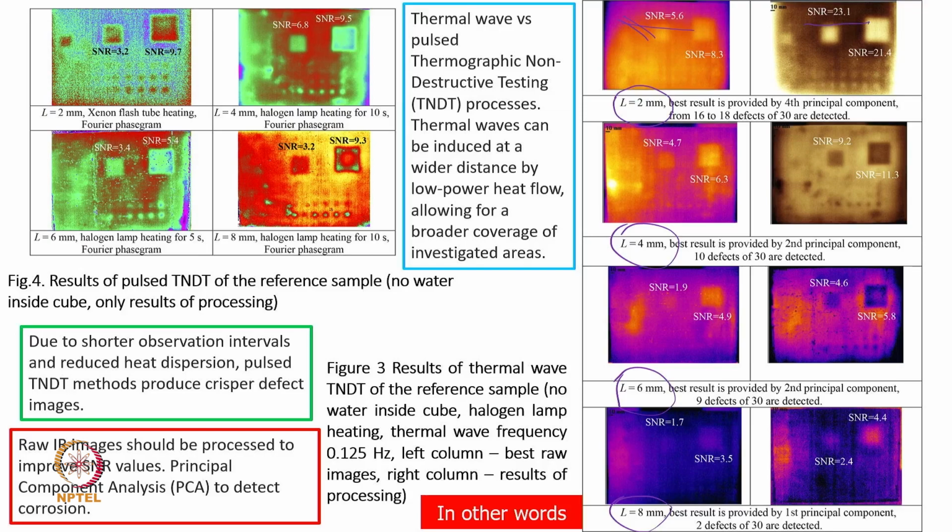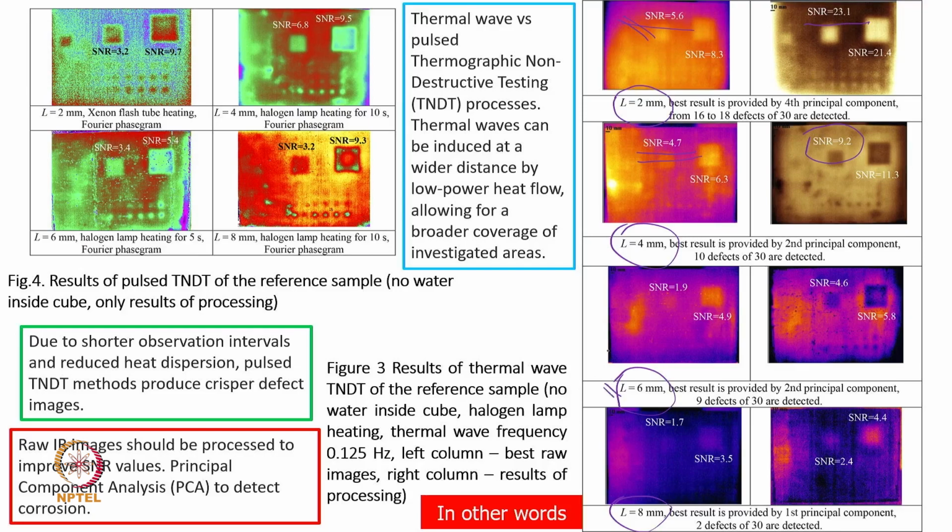So, post processing is important. Thermographic images alone will not give very good sharp images, so that is why they have shown 5.6 to 23.1. Similarly, for thickness 4 mm, they got 4.7 as the signal to noise ratio from the camera, but they improved it to 9.2 after doing the processing, image analysis and other processing.